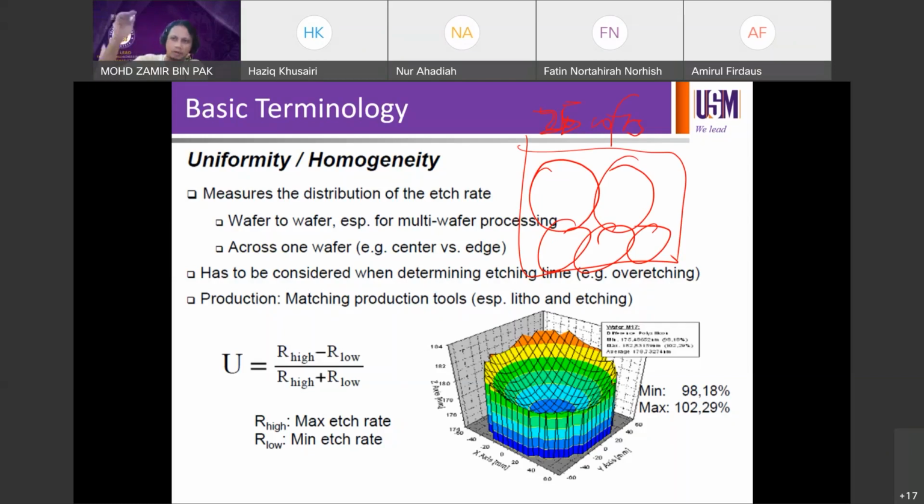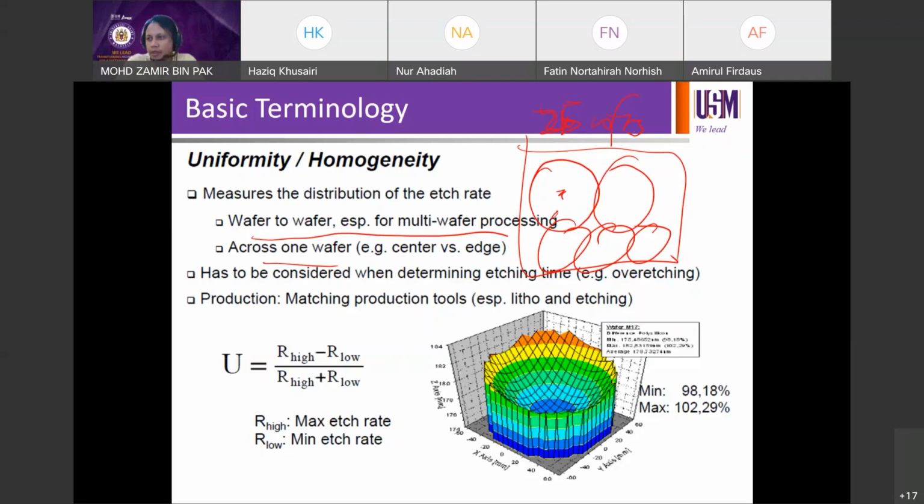You can also talk about uniformity across this month versus last month, tool A versus tool B, different etching lama versus etching baru, or different production time or something, right? So it can be analyzed in the form of different conditions, okay? Wafer to wafer, multi-wafer processing, across one wafer, you nak compare center dengan edge pun boleh, center dengan edge of different wafer boleh. So thousands of different possibilities when I talk about uniformity, okay?